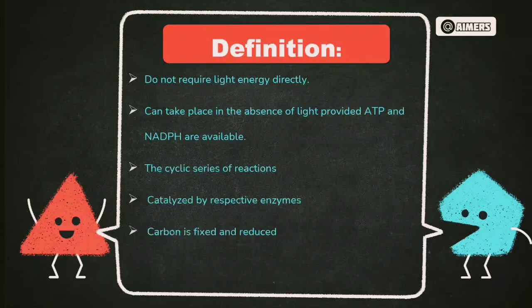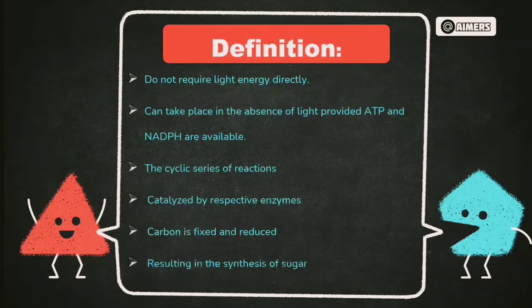So addition of hydrogen into carbon dioxide is reduction. That addition of hydrogen into carbon dioxide takes place in dark reactions. That's why we say that carbon is fixed and reduced. The next point is that the product of dark reactions is a sugar, which means the product is a carbohydrate.